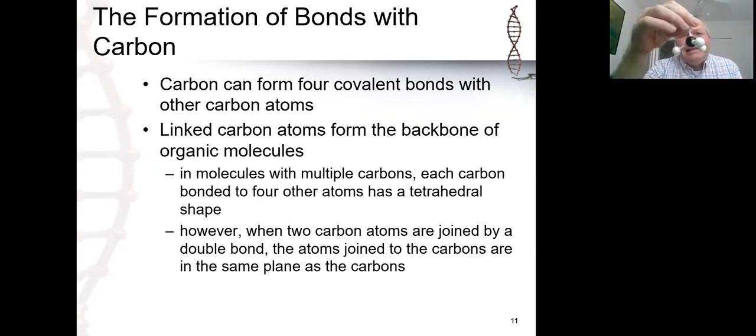And so we are linking together 3-dimensional shapes, which means that even though we draw diagrams of the molecules in 2 dimensions on a sheet of paper, we do need to start visualizing in 3 dimensions, because that's how we start to realize the huge flexibility that comes about by linking carbons together in chains, by linking these tetrahedrons together.